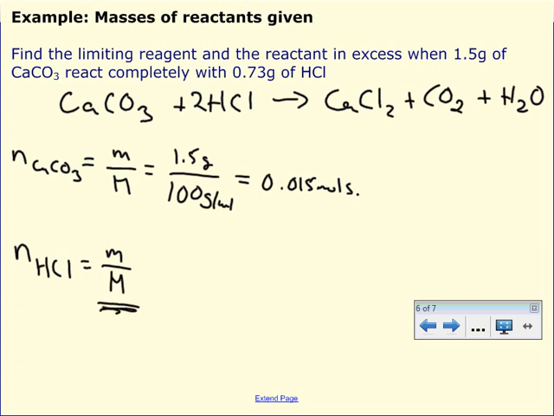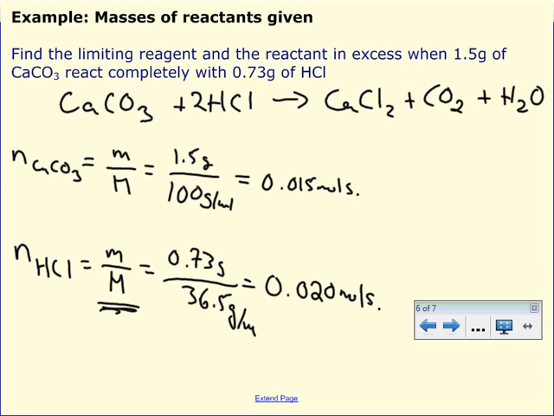So the number of moles of HCl, figure out very similarly, mass over molar mass. This is one of the key little calculations that we always do. So we have 0.73 grams over the molar mass of HCl, which is 36.5 grams per mole. 0.73 divided by 36.5 gives us 0.02 moles.